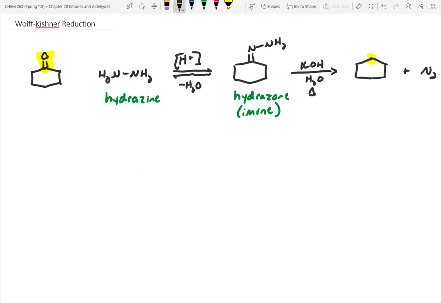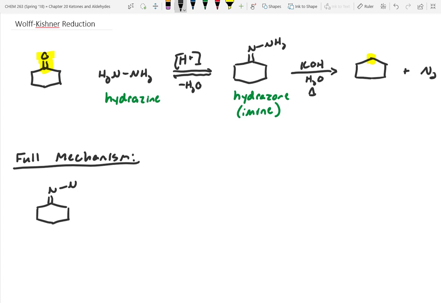So let's look at the full mechanism and try to understand how we lose that functionality. All right, the first step, we're going to skip straight to our hydrazone because we already practiced making that. That was similar to your pod, right?